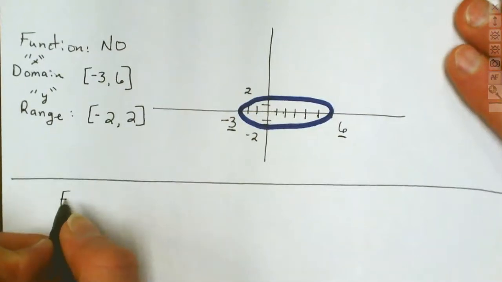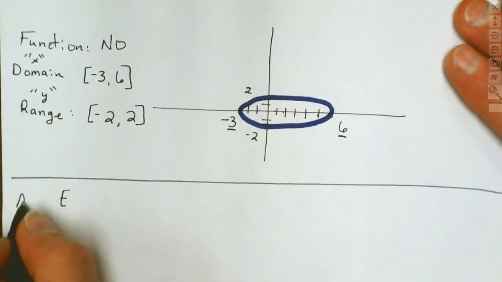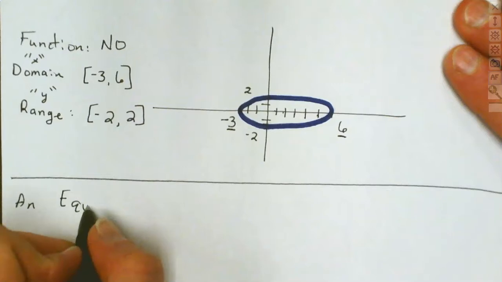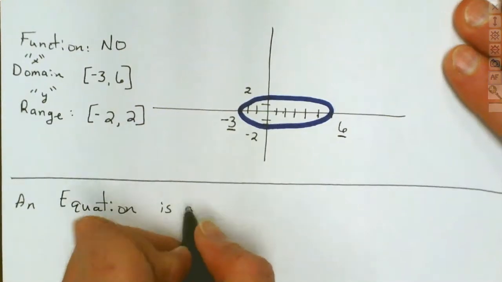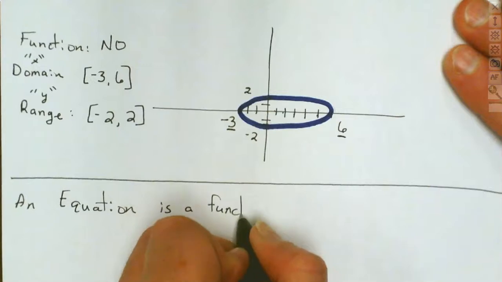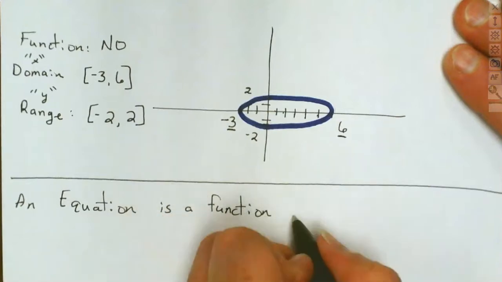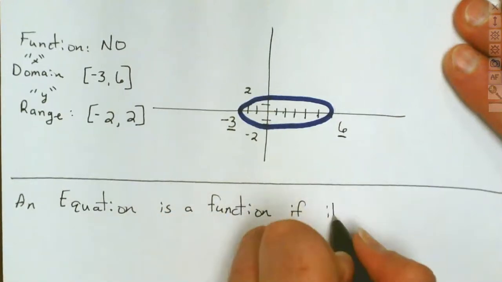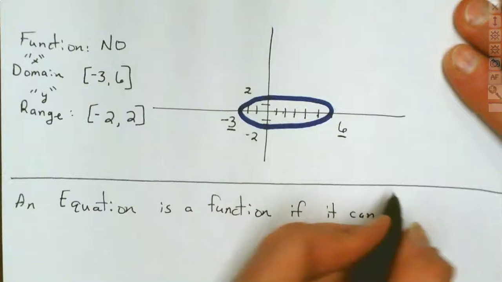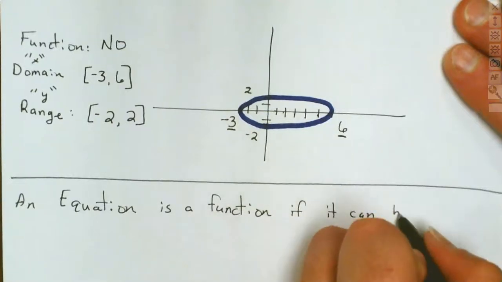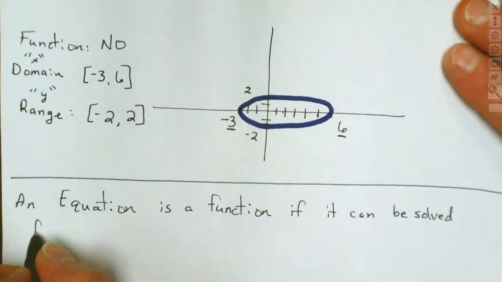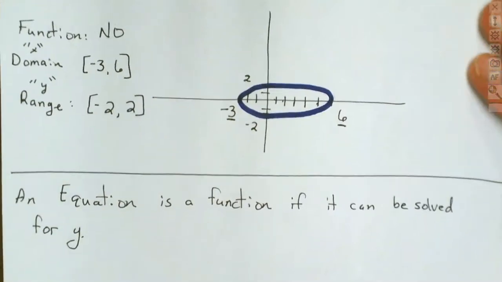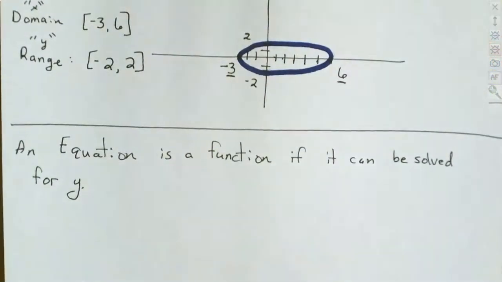And an equation is a function if it can be solved for y. So an equation is a function if it can be solved for y.